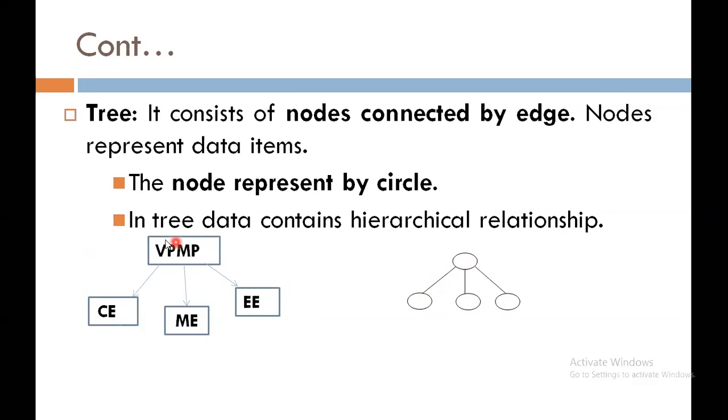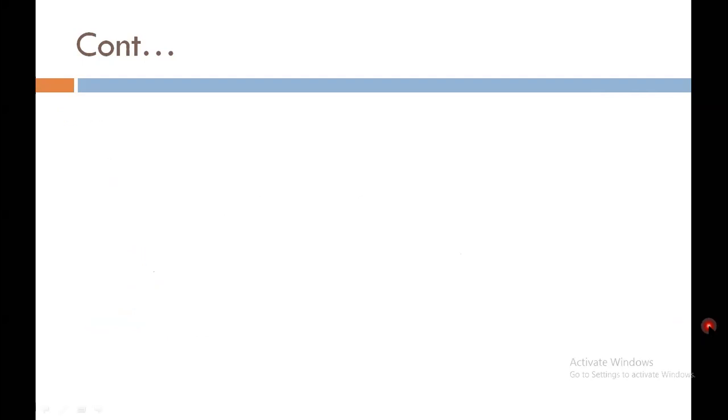In this example, VPMP is a root node which contains three branches, CE, ME, electrical. And these four nodes are connected by edges. Like VPMP is connected to computer CE, VPMP is connected to mechanical, VPMP is connected to electrical. So when we store data in a hierarchical relationship, then the tree data structure is used.